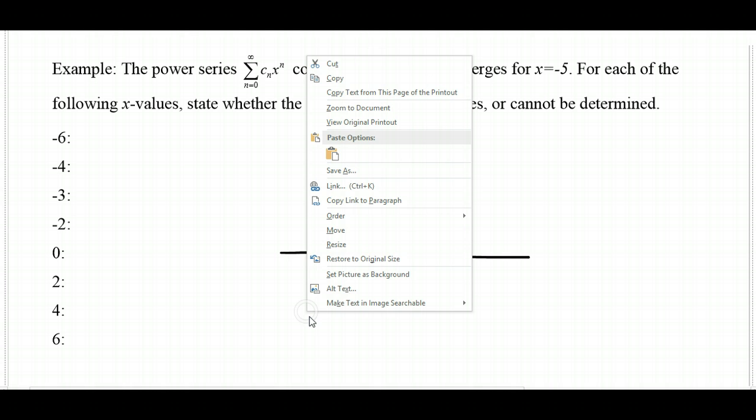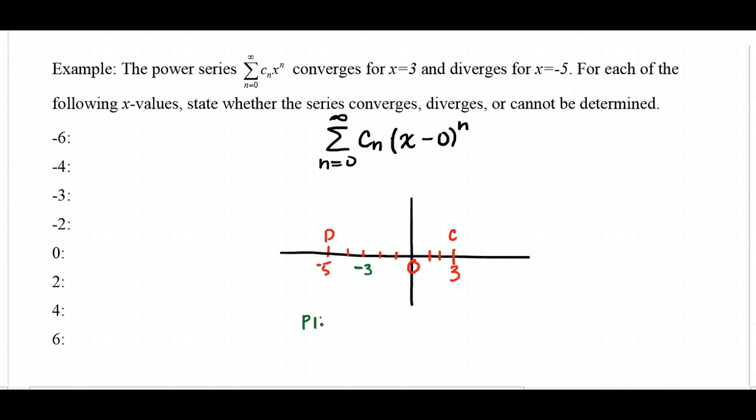So possibility 1, my interval of convergence could be from -3 to 3. And I could not include -3, but I have to include +3 because I was told that my series converges at 3. So, in other words, the smallest radius of convergence I can possibly have with the two pieces of information I was given is a radius of convergence of 3.